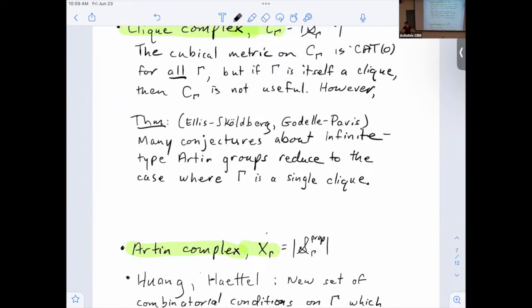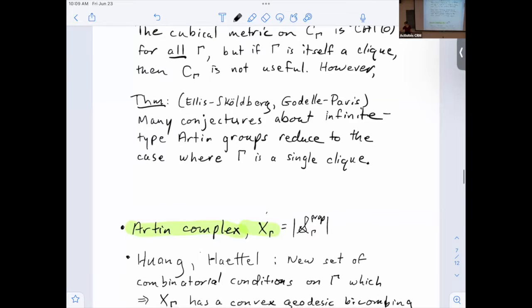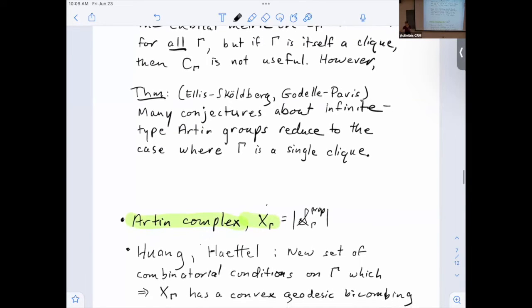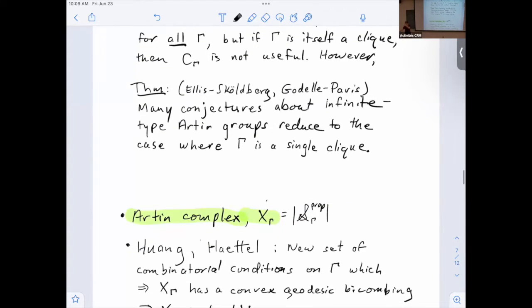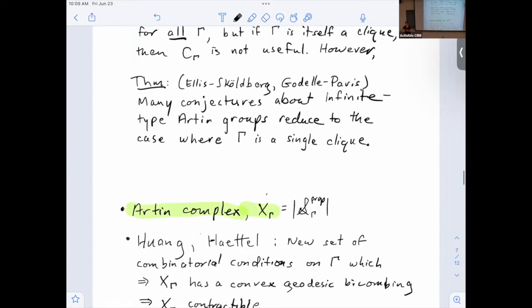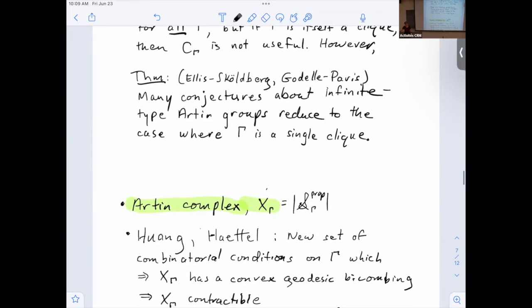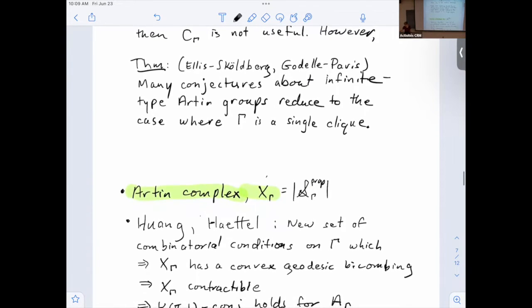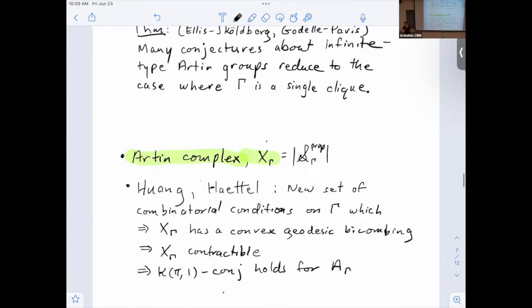So I want to mention some very recent work by Jinying Wang, extending some ideas from Thomas Haettel's work to understand the geometry of this Artin complex for a lot of gammas. I'll do my best to describe this, but you might want to ask Jinying for more details.